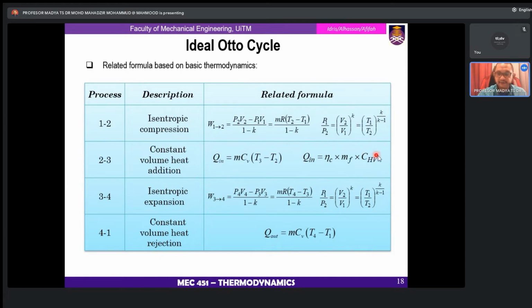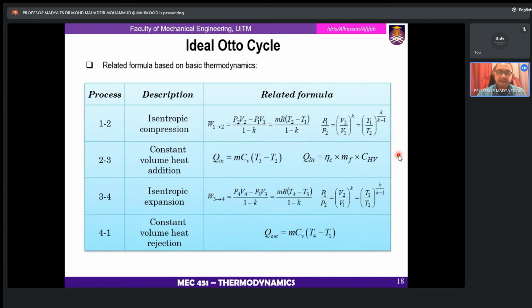For your information, all these formulas normally don't just come easily like that. They come from derivations, starting from the first law of thermodynamics based on the energy balance.